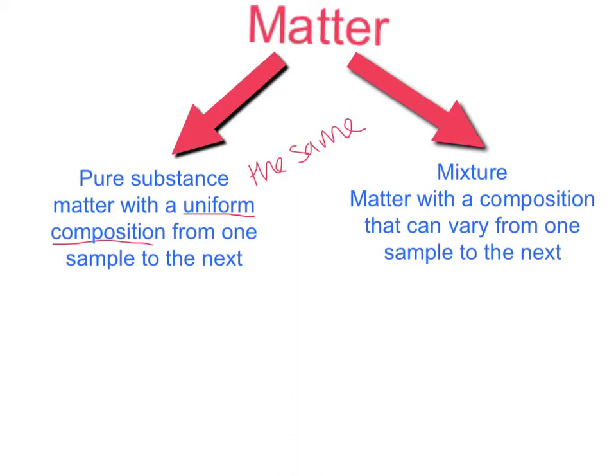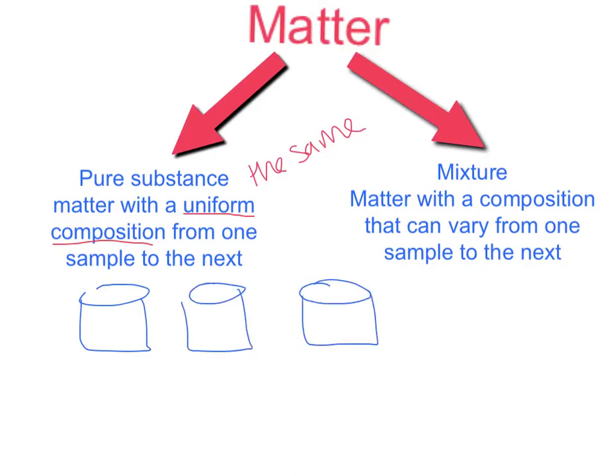So what it's made up of stays the same from one sample to the next. So even if I have 3 buckets, all with some sample of matter, if it's a pure substance, it doesn't matter whether I grab it out of here, here, here, it's always going to be made up of the same stuff. Now, I understand that probably doesn't totally make a whole bunch of sense.